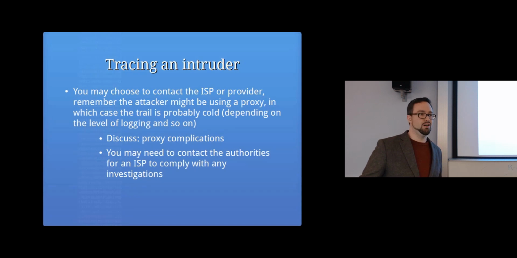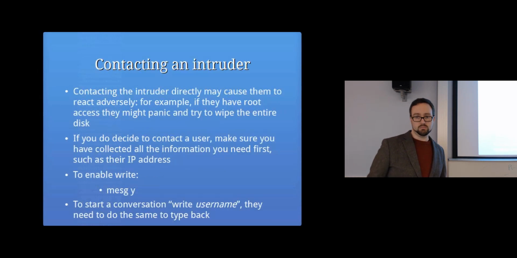But assuming that they're not particularly intelligent, and they're not trying to cover their tracks really carefully, they're just some script kiddie that's just learned how to use a hacking tool, then you could find out who they are and press it further. So you might need to contact the authorities, because the ISP probably isn't going to tell you who owns the IP address. But you can follow that up.